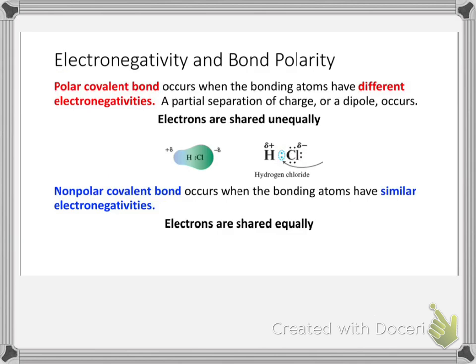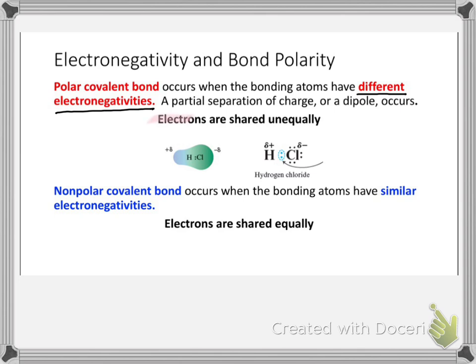So here's the definition of the 2 types of bonds. Let's look first in red. There's polar covalent bond. So when this is going to happen, the atoms have different electronegativities. That means they have different attractions for the electrons in the bond. And here's an important idea about that.